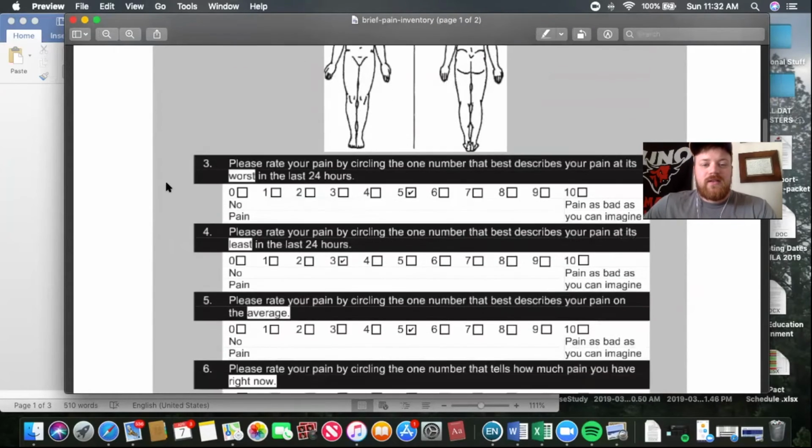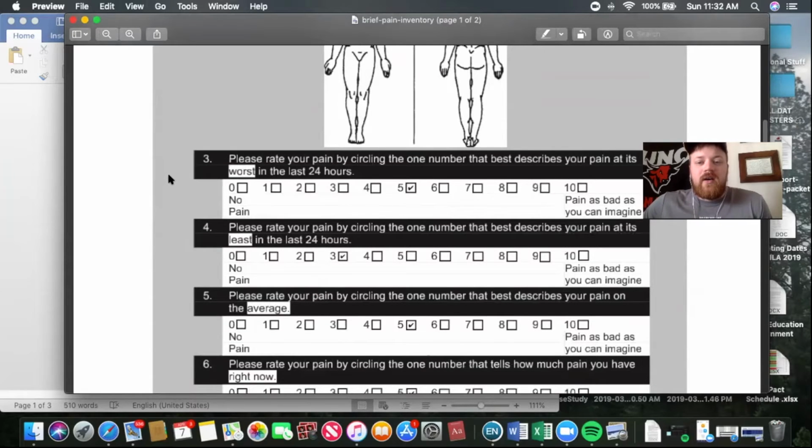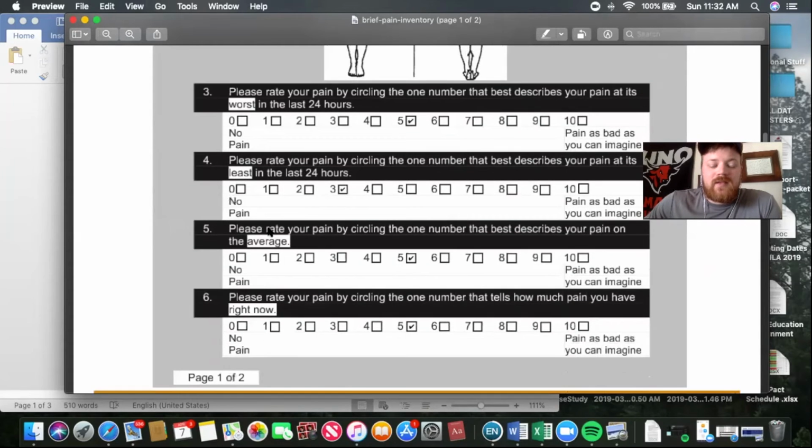The worst it's been in 24 hours has been about a 5. The least has been about a 3, just when he ices. I mean, he's not the most reliable or consistent person, but it's okay. And then his average pain is, he says, around 5, and 5 right now.